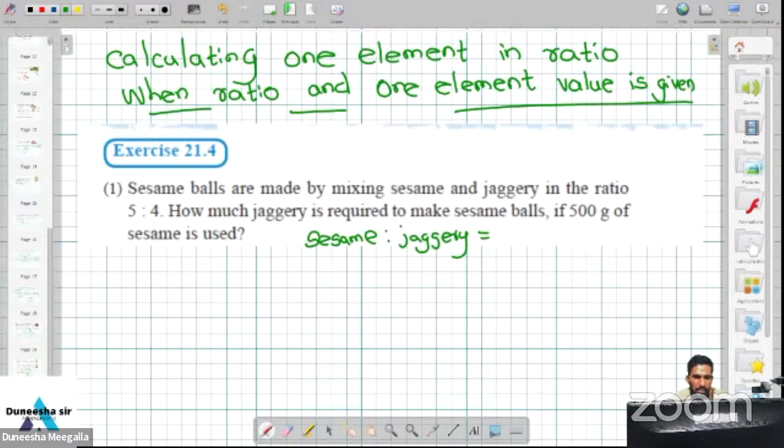Sesame and jaggery ratio is what? Sesame to jaggery is 5 to 4. How much jaggery is required to make sesame balls if 500 grams of sesame used? Okay. What is asking? How much jaggery is required?